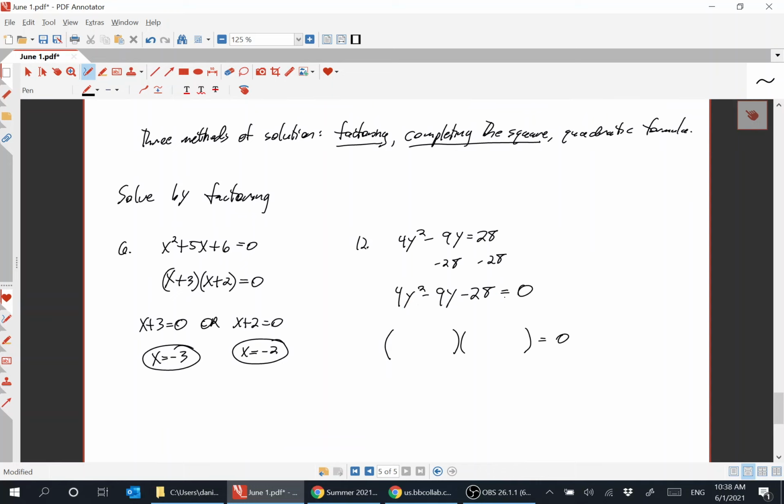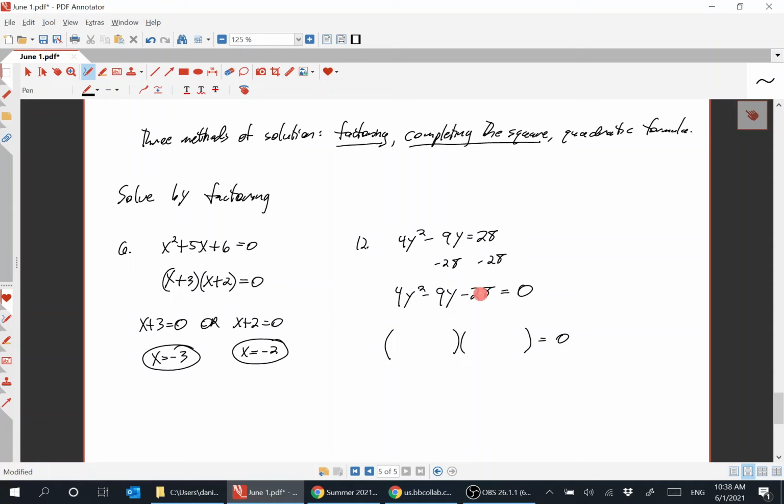But unfortunately, it won't make life easier because this won't be an integer anymore. So when you're factoring, if you don't have integers, it doesn't work out quite as well. But you've got something to go with here. 28 is either 28 times 1, 14 times 2, or 7 times 4.